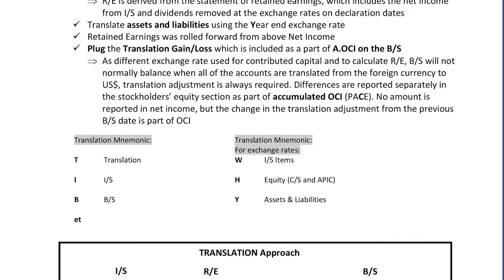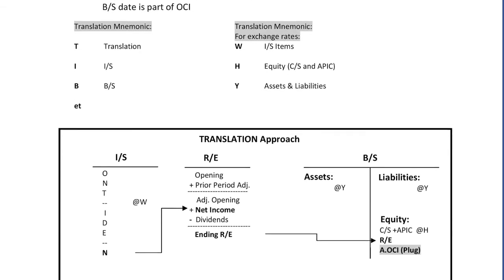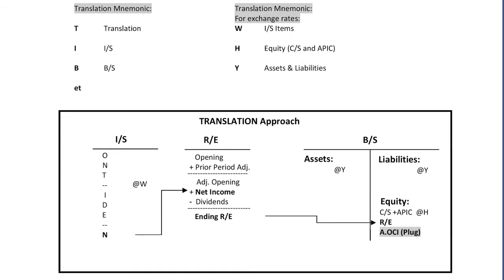Look at the translation approach towards the bottom of the page. So you got the income statement where we translate income statement items using the weighted average exchange rate. So highlight at W. The net income from the income statement flows into the retained earnings statement. Then you have ending retained earnings which flows into the balance sheet. Now on the balance sheet, the assets and liabilities are translated using the year-end exchange rate.